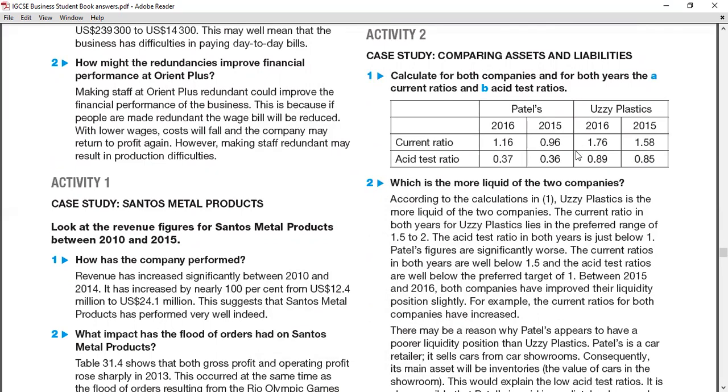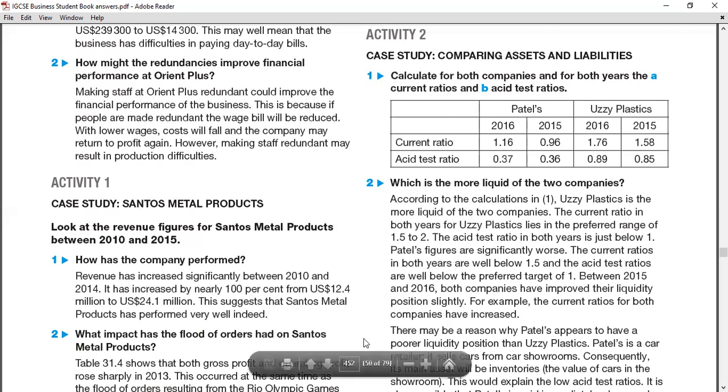Looking at the current ratio, which has more financial strength, more liquidity, Patel or USI? TJ, can you say what you think? Which company has more liquidity, Patel's company or USI Plastic? USI Plastic. Correct. Very good.